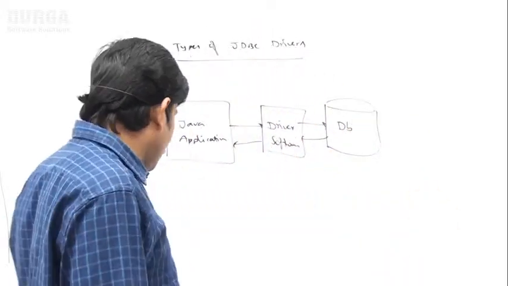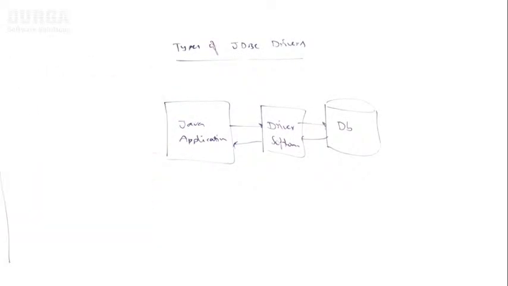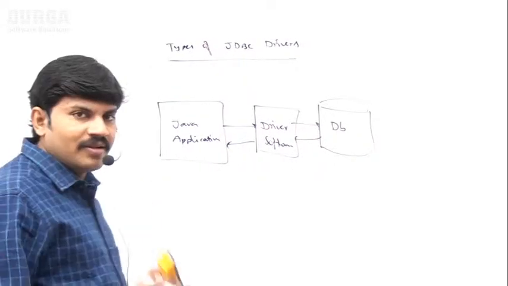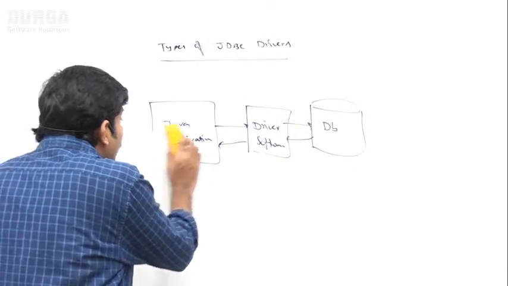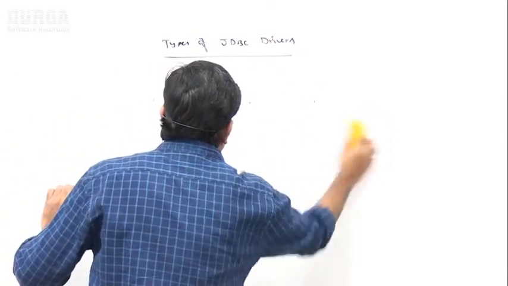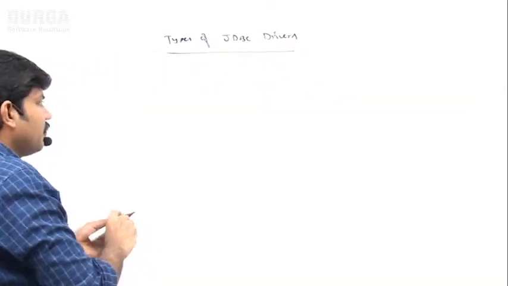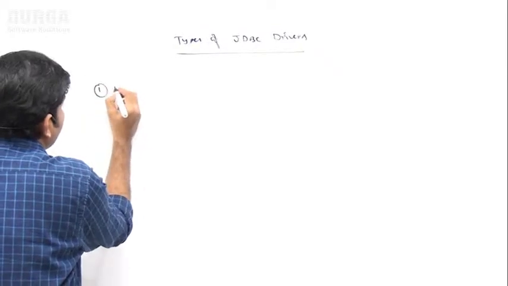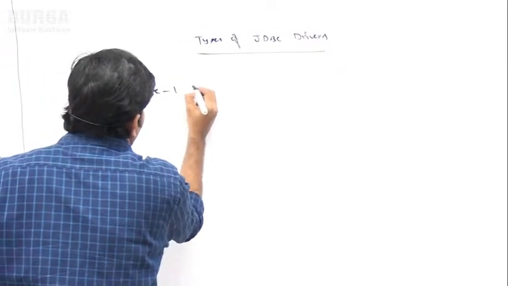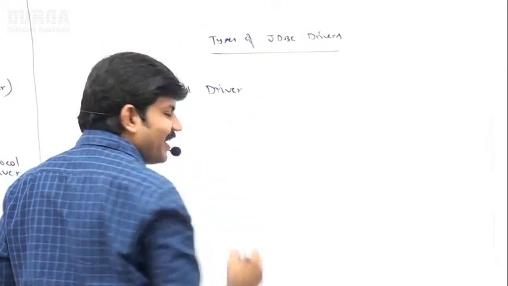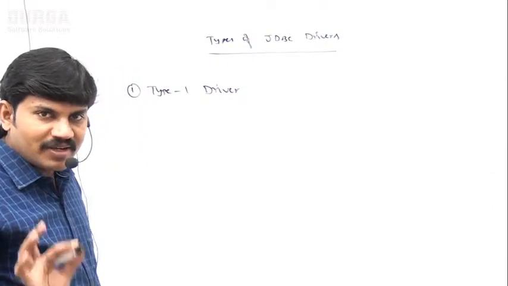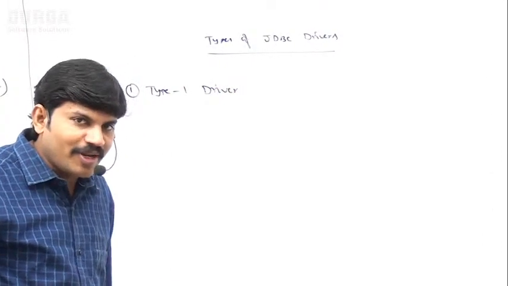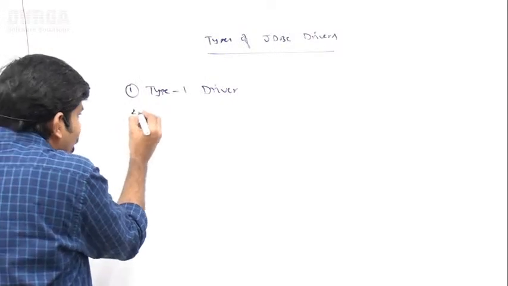I will just provide the type 1 driver, the first driver, and automatically you have to tell the remaining driver names. What is the first one? Type 1 driver is the first category. What is the next one?